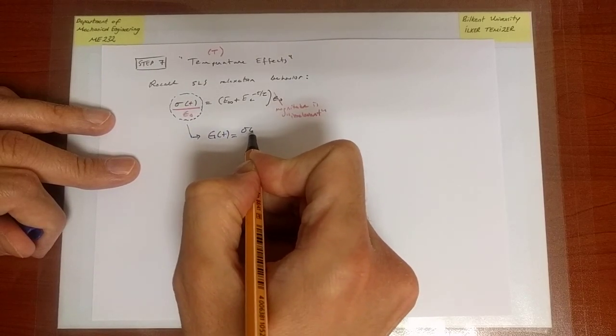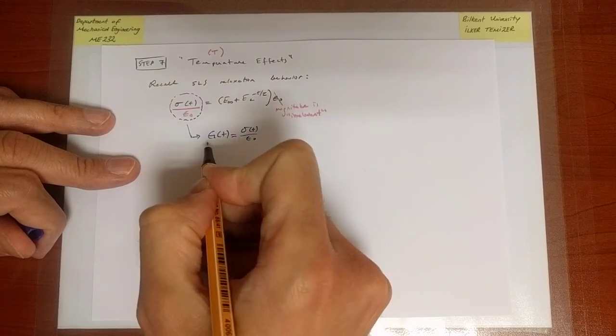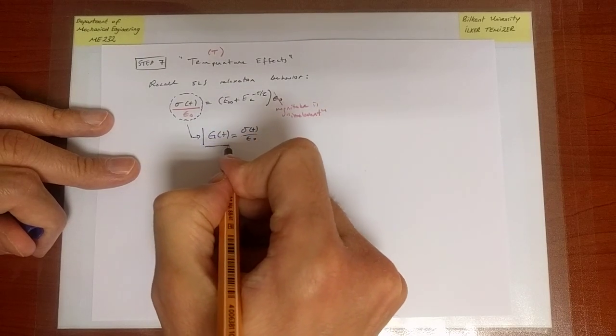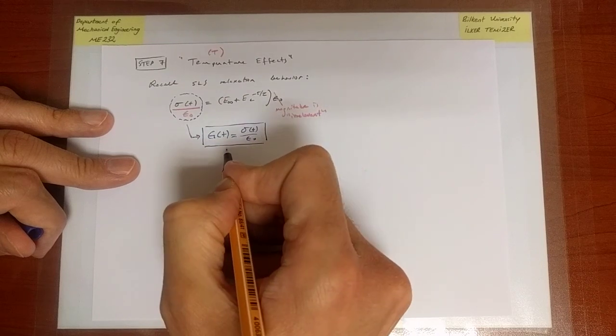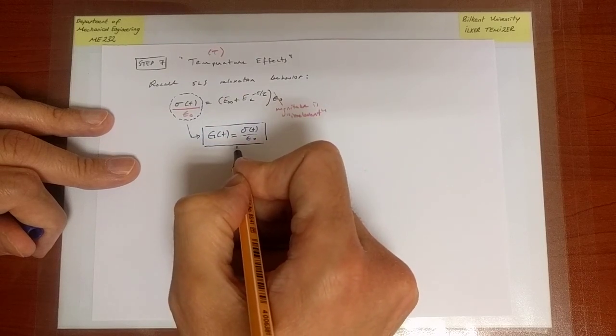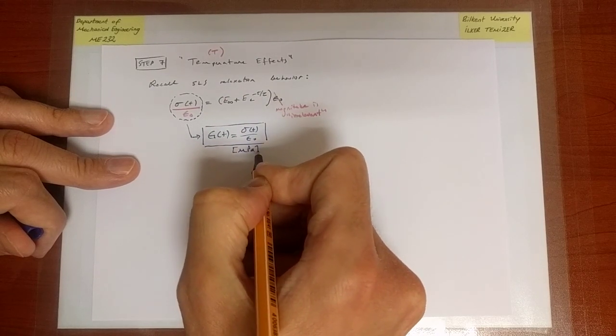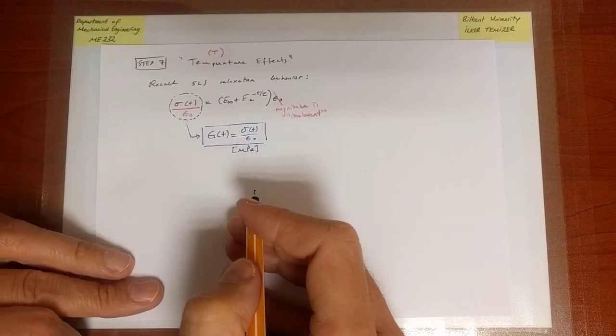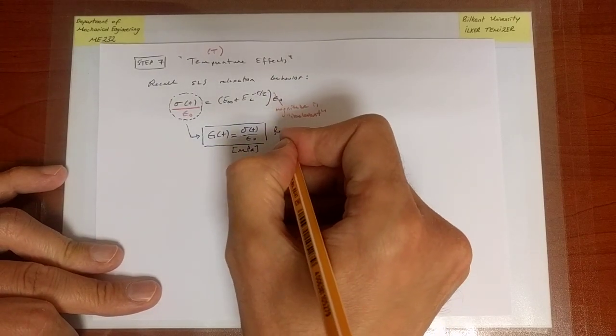So that's sigma of time divided by epsilon 0. Notice that it has units of megapascals if stress is also in megapascals. And it's called the relaxation function.